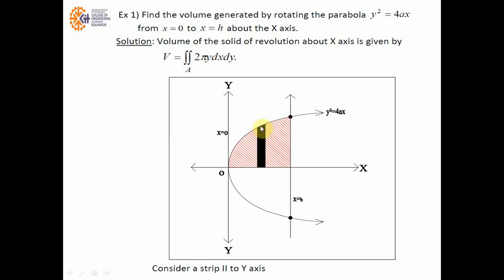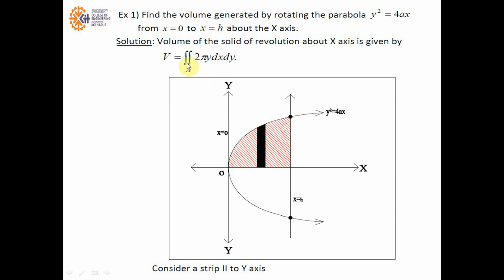And the upper end of the strip is on the parabola y square is equal to 4ax. So from this equation you find out y in terms of x. So we get y is equal to 2 into under root ax. So in this way we get the limits of inner integral are y is equal to 0 to y is equal to 2 into under root ax.